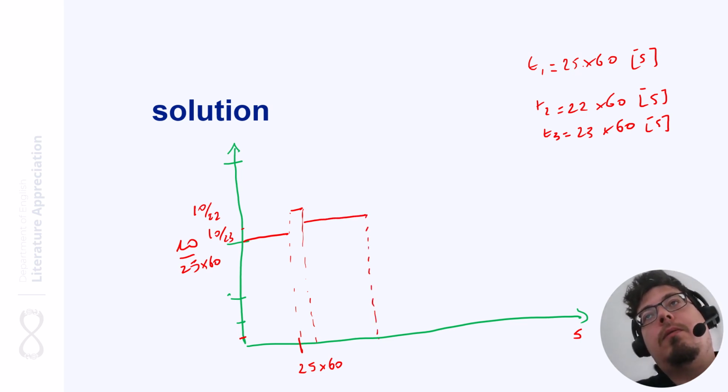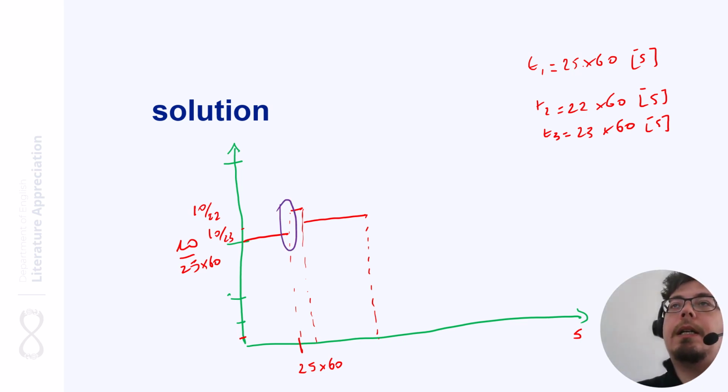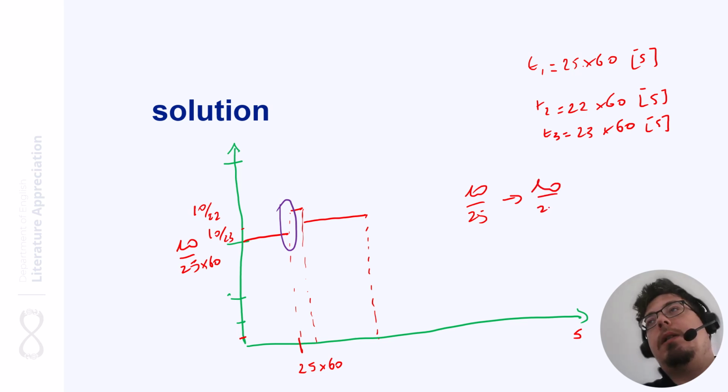The biggest jump, as we can see, is here, an acceleration that goes from 10 divided by 25 to 10 divided by 22 meters per second. The difference is the acceleration.